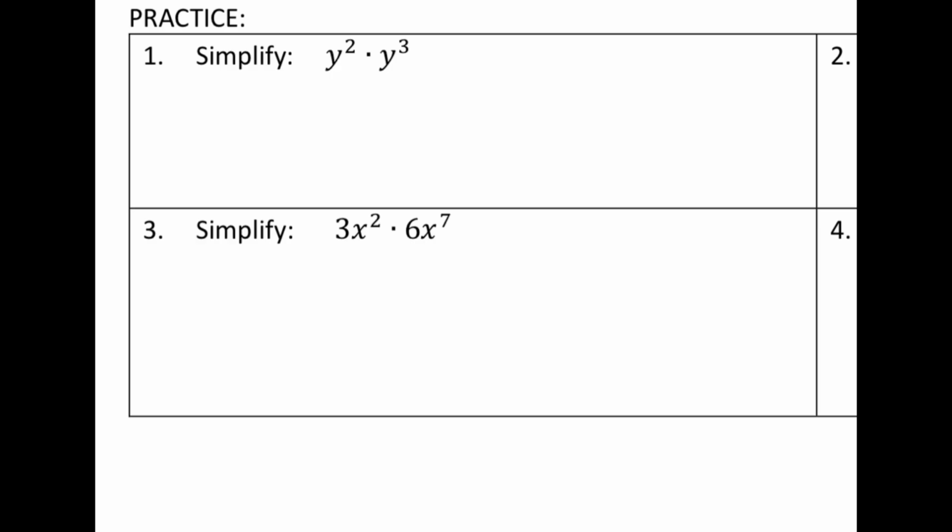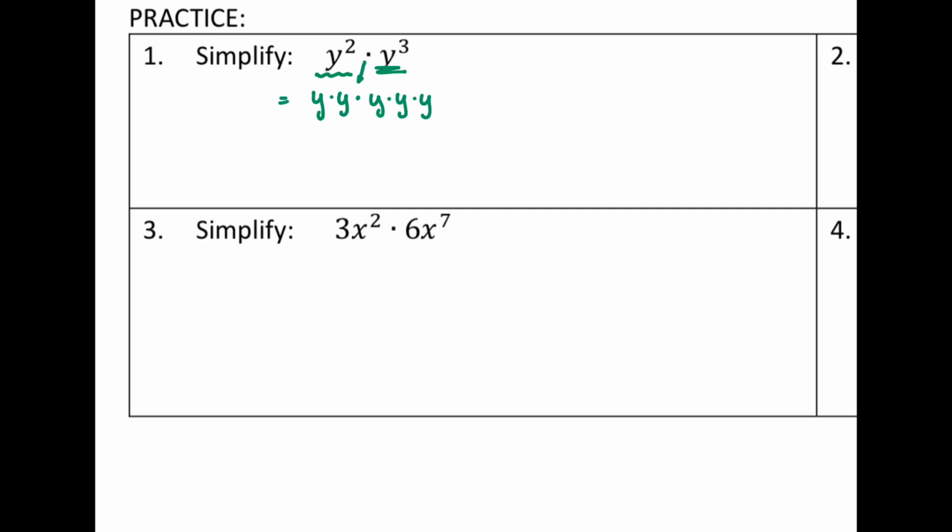Okay, what is y to the second power? Remember, second power you could say squared, and third power you could say cubed. So y to the second power looks like this, right? So this one is y times y. And now this one is y times y times y. And they're being multiplied.